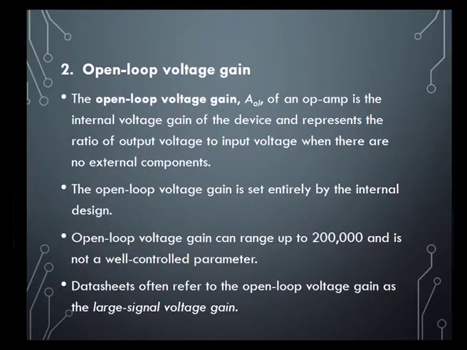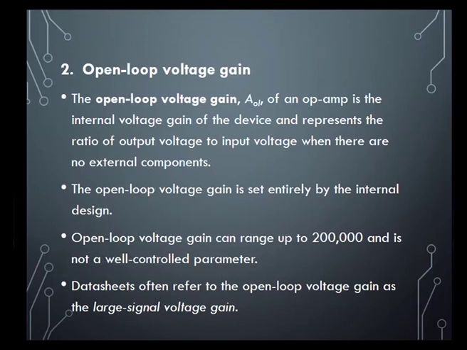The open loop gain is represented as A_OL, and it is the internal voltage gain of the device, the ratio of output voltage to input voltage, because there is no loop. So, we directly get the gain from the output voltage to input voltage ratio. This is helpful in design, and we also call this open loop gain the op-amp gain.